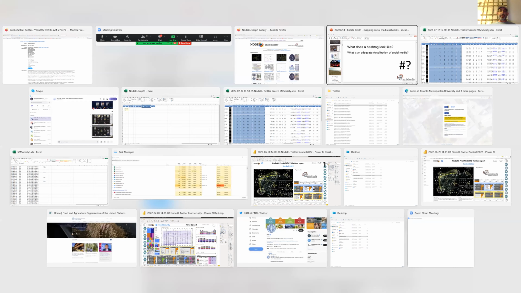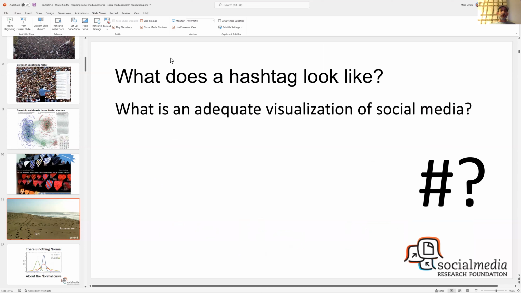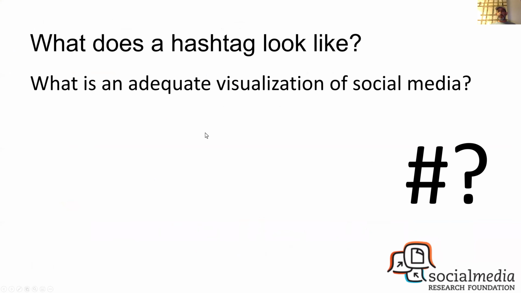So you could say that we are interested in answering the question, what does a hashtag look like? Can we come up with a visualization, and not just a visualization, but an analytic visualization, something you can use to compare 2 different hashtags, a visualization that allows us to actually tell stories about changes in social media.